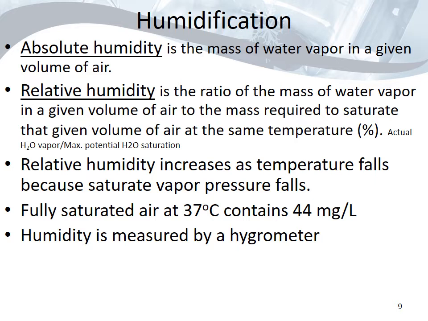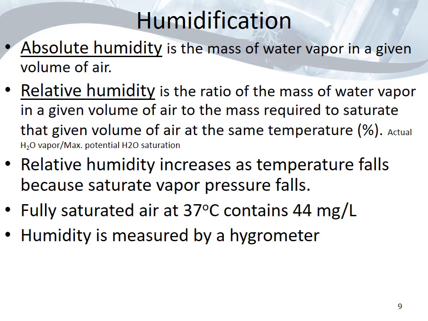One thing that we know as fact is the relative humidity of the air in the alveoli is 100%, which means the mass of water in the air of the alveoli is the same as the maximum mass possible. That's our definition: the ratio of the mass of water vapor in a given volume of air to the mass required to saturate that air.